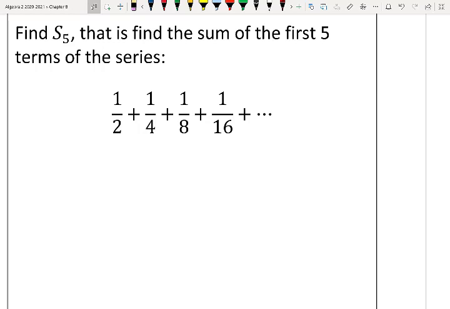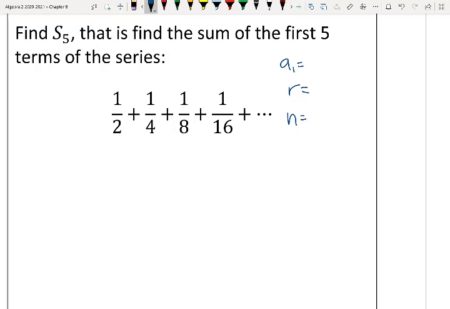But usually where we'd use this formula would be something much larger, like finding the first 75 terms of the series. And in that case, we're going to want to use our formula. So again, for our formula, we need 3 different things, and I'll make a little checklist over here. We need our first term, a sub 1, we need our r value, and then we need n.